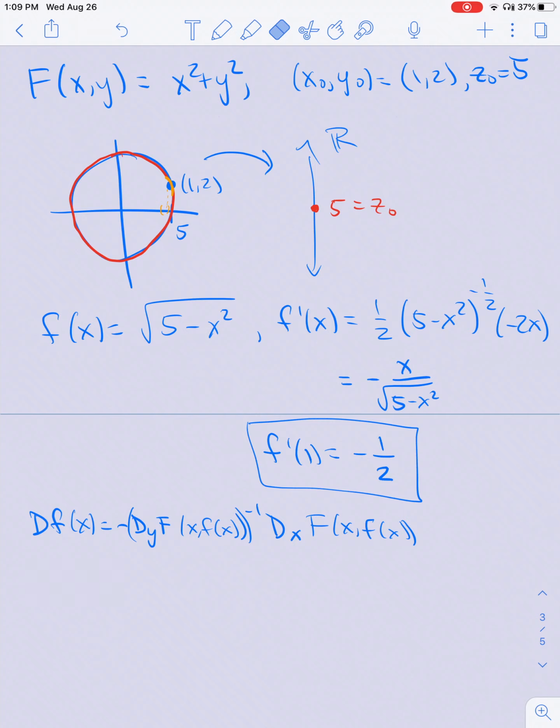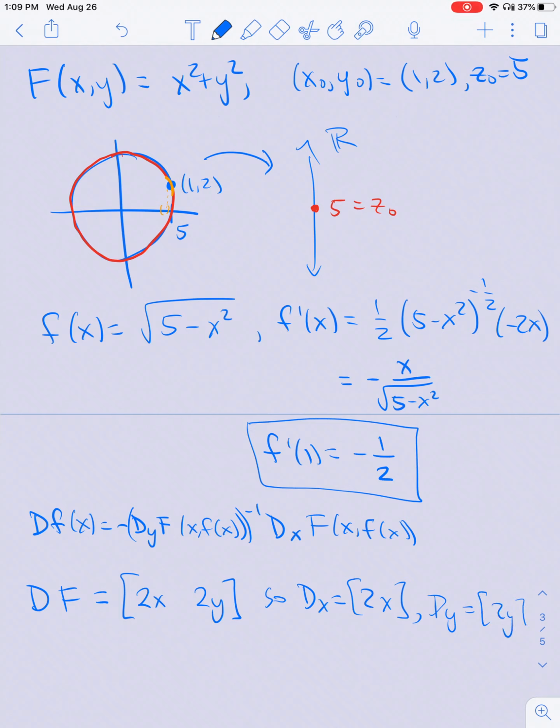So what I need to do is compute df. df should take two numbers and send them to 1, so it should be a row matrix. And if I compute it, the derivative of f is just going to be (2x, 2y). So d_x is always just the matrix 2x. d_y is just 2y.